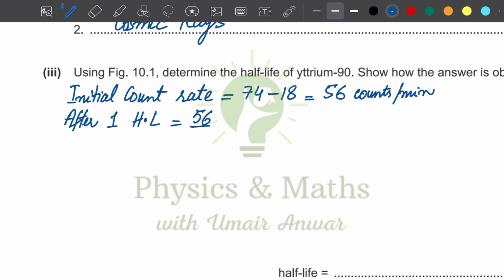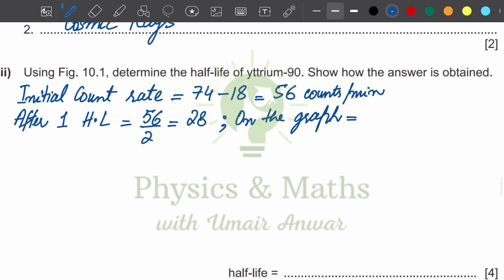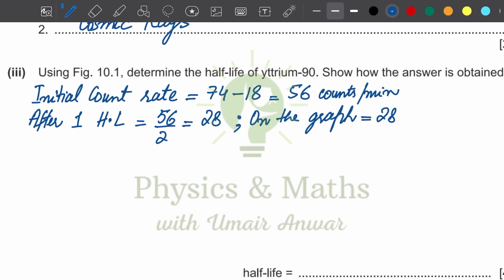So after first half-life, it would become 28. While on the graph, since the average value of background count rate would be added to this value, on the graph it would be equal to 46 counts per minute.